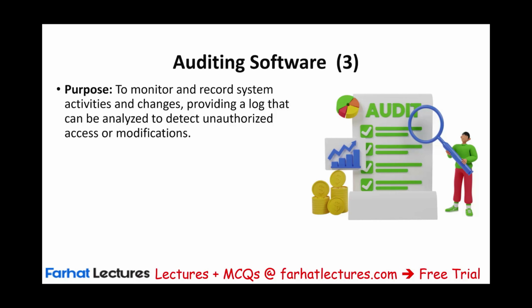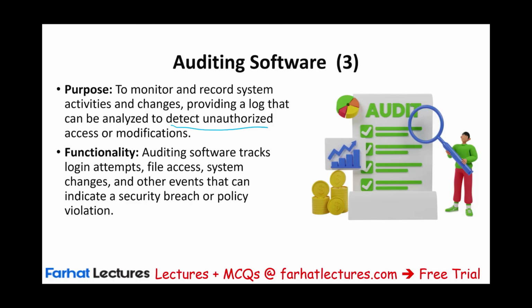This is to monitor and record system activities and changes, providing a log that can be analyzed to detect any suspicious activities, any anomalies, anything that's unusual. We'll try to catch it early on. Auditing software tracks login attempts, file access, system changes, and other events that can indicate a security breach or policy violation before it's too late.